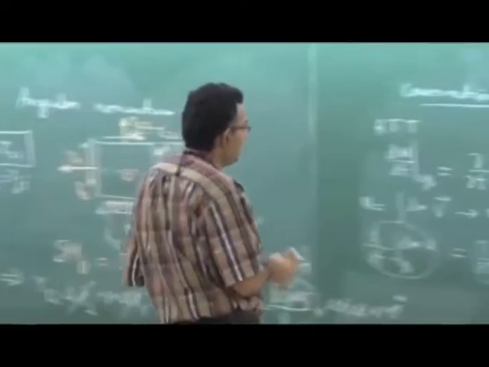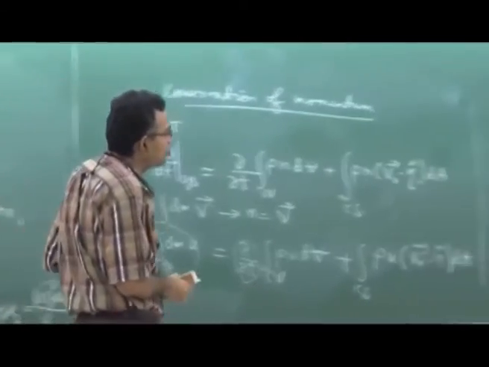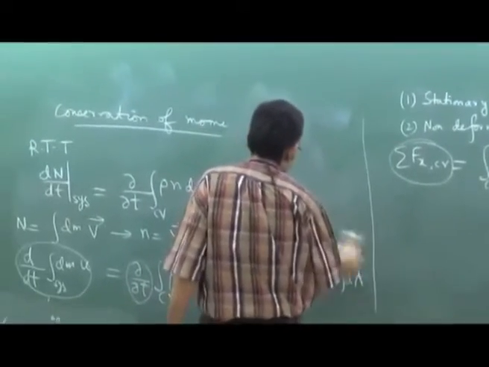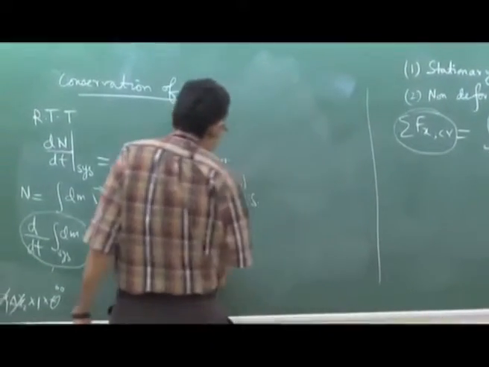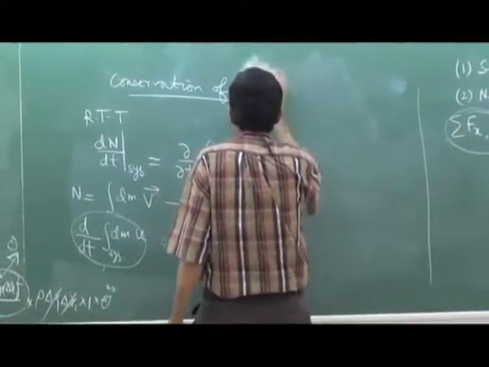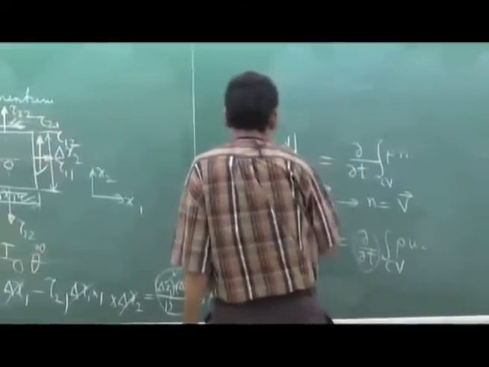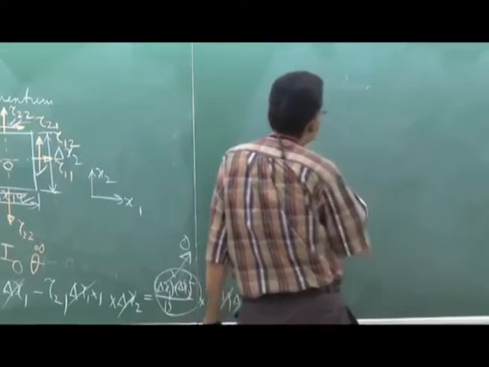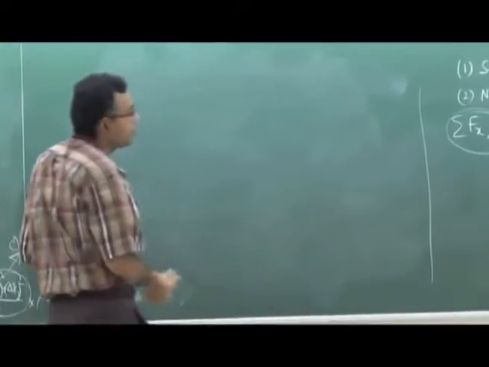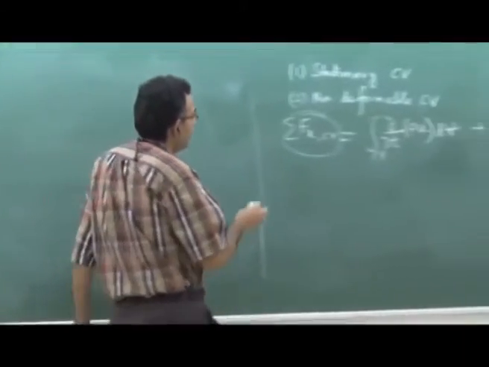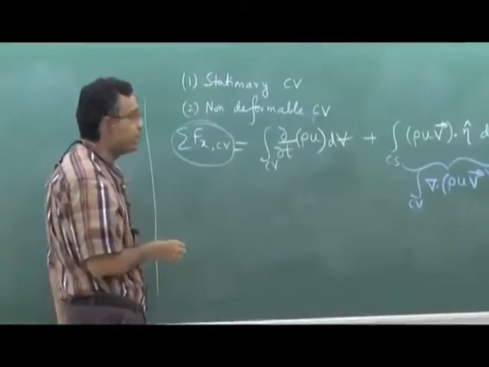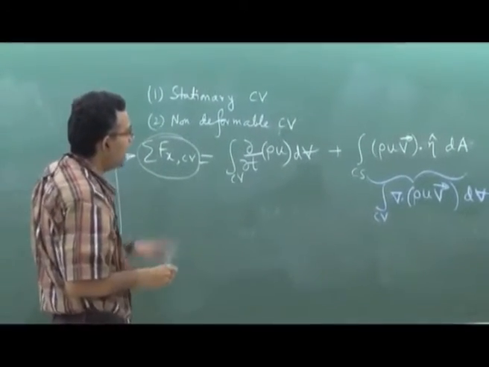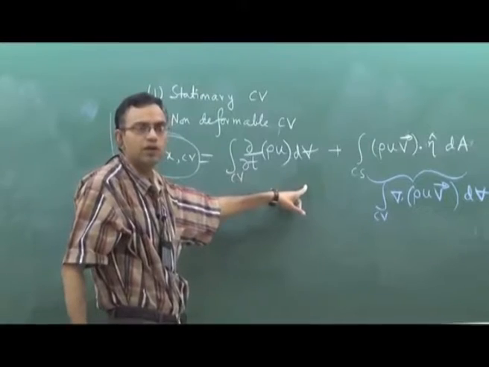With this understanding, now let us come back to this equation of motion or conservation of linear momentum that we discussed in the previous lecture. So if you recall that with the assumption of stationary control volume and non-deformable control volume, we arrived at this form of the Reynolds transport theorem.